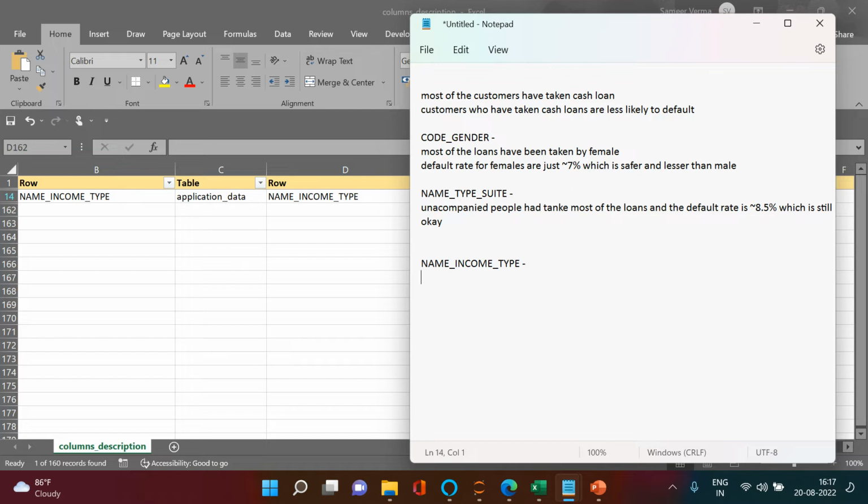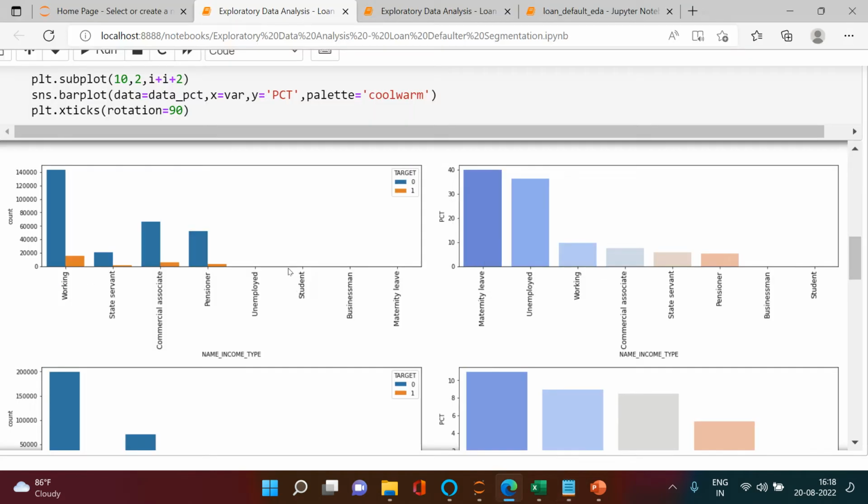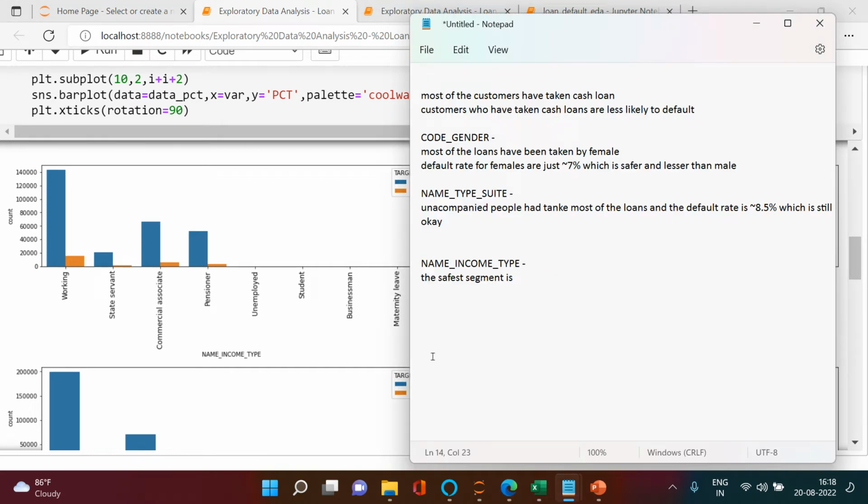Then we can say the safest segments are working, commercial associates, and pensioners.